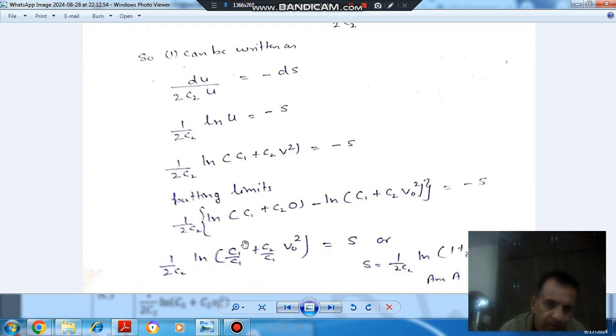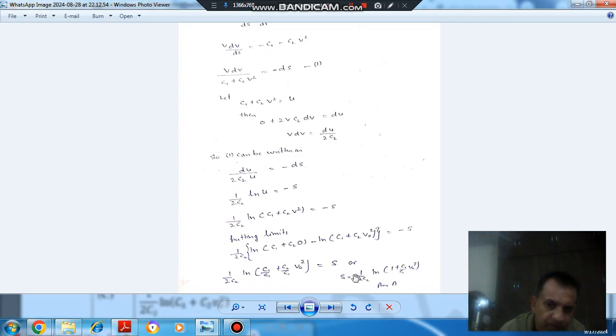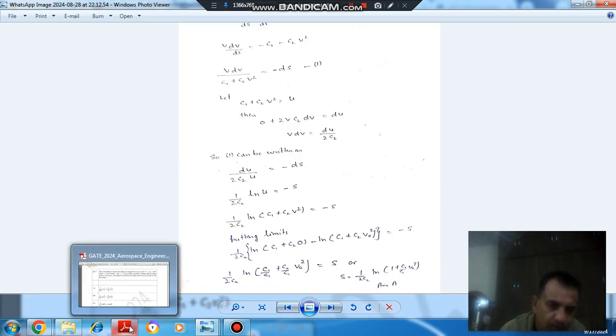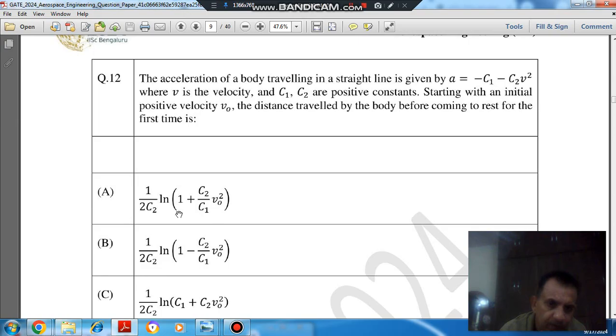Or we can say it is 1 plus C2 by C1, and 1 by C2 here, so s will be this. So the answer is option A.